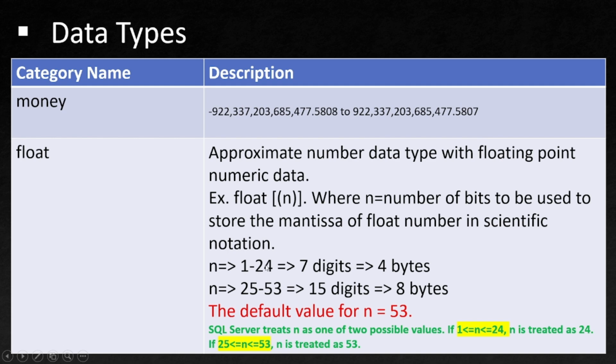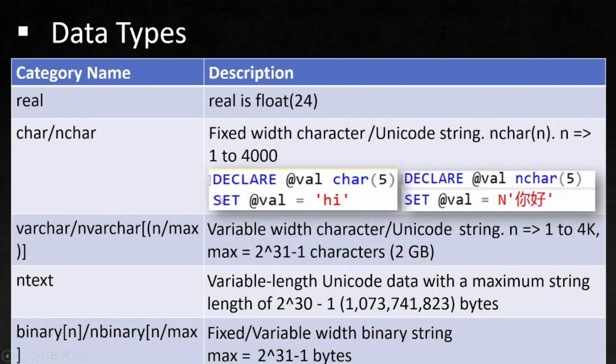If you exceed this limit, from 25 to 53, it will have 15 digits in the mantissa, and it will take 8 bytes in memory. But the default, if you have not specified, is 53, right? So hope this is clear. Going for the next data type, we have real. Real is nothing but a kind of float, having a value of 24.